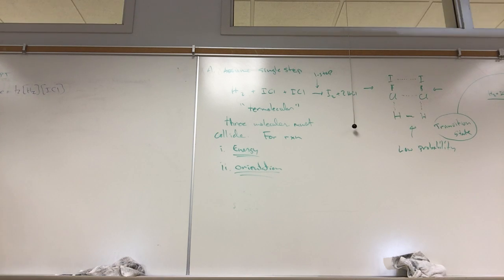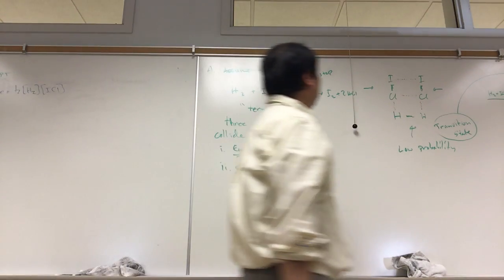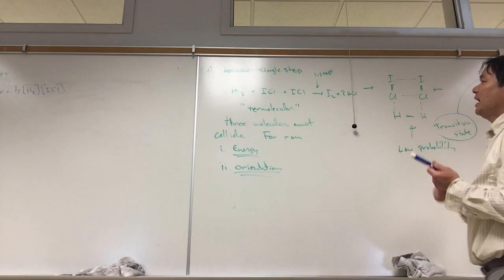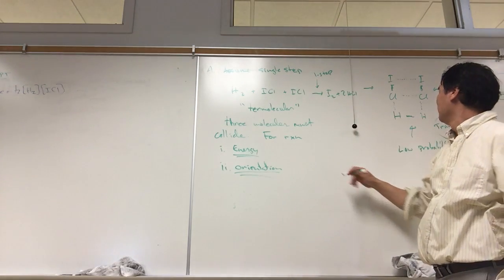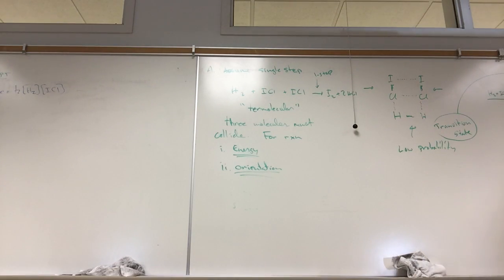So if we double the ICl concentration, the rate of the reaction only doubles. Whereas over here, if we had a single termolecular step, then the rate of this reaction would equal k[H2], and then we have two ICls. Let's say we have this left ICl.